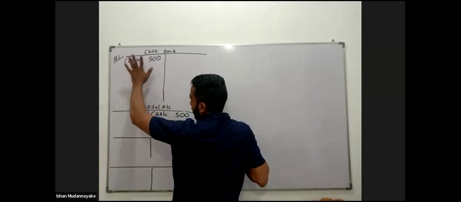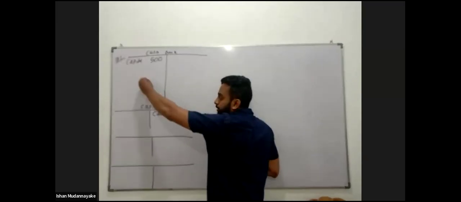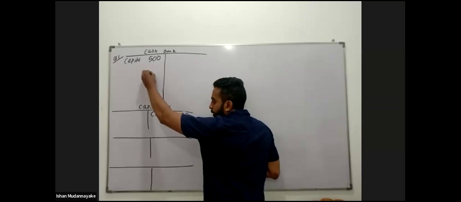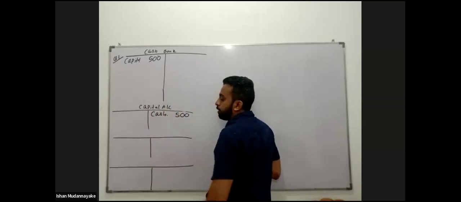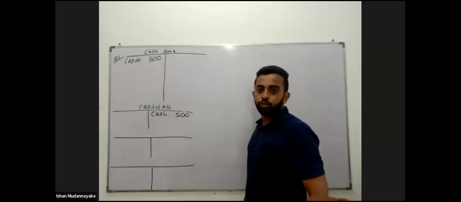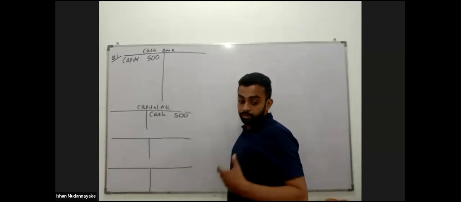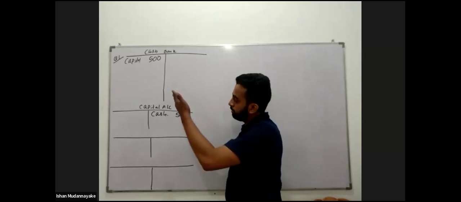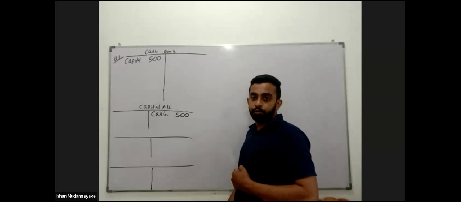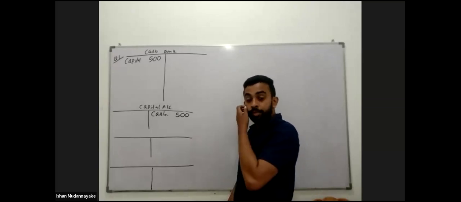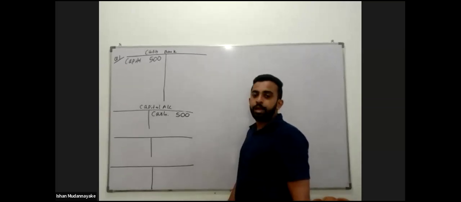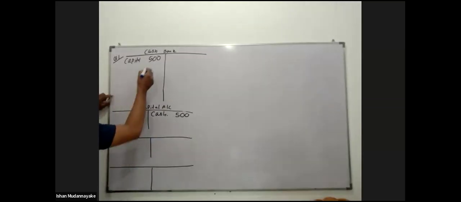The opposite account is the bank loan account. Bank loan is a liability account, payable to the bank. So bank loan account credit 200,000. Cash book debit 200,000.